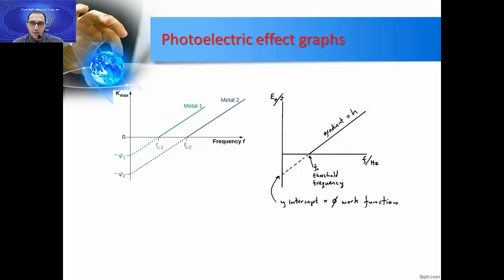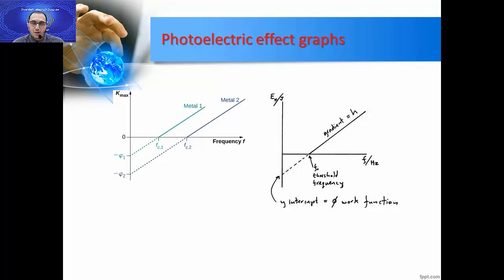It is a linear equation, which you have to remember: y equals ax plus c. Did you remember this equation? You know that c means the intercept of the y axis.